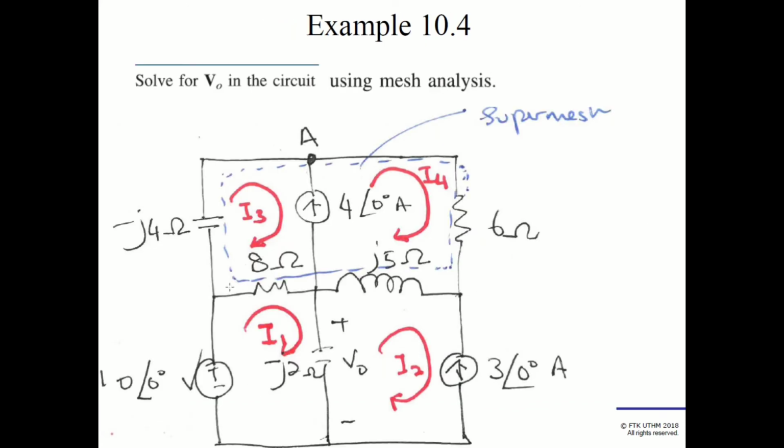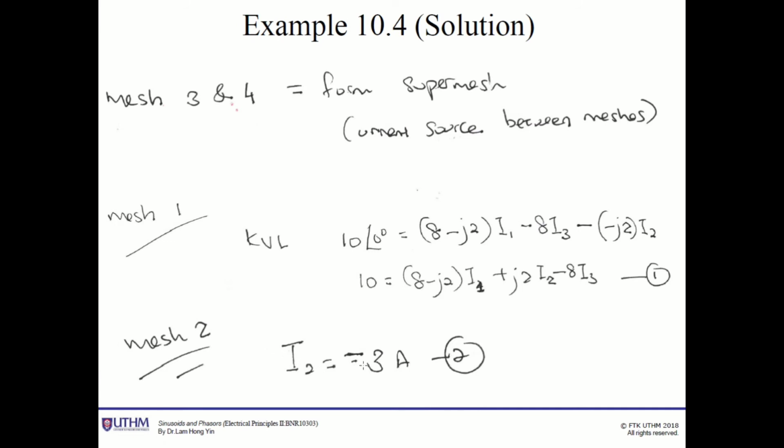For mesh 1 you use KVL, Kirchhoff voltage law, to get the equation, and for I2 you get the current by referring to this current source. So I2 is equal to negative 3 ampere because the current is flowing opposite to the current source. Okay, we get a negative, and this is the equation for mesh 1.